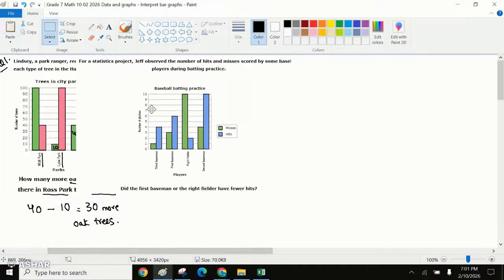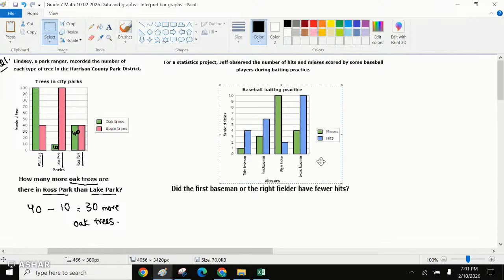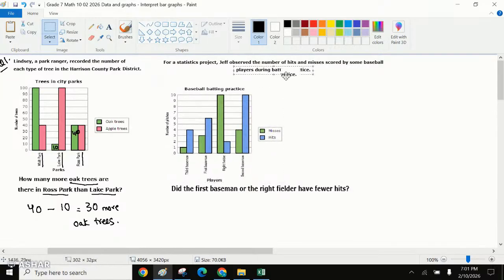The next question says, it's a statistics project. For a statistics project, Jeff observed the number of hits and misses scored by some basketball players.